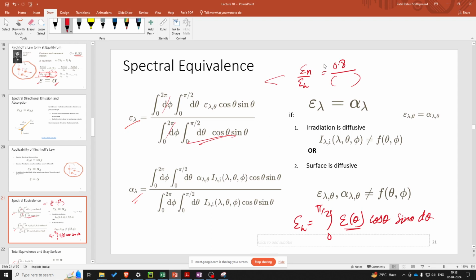See, if you take over here also, we will be having some parameter. If you take this normal, that is how it should eventually get cancelled out. That I need to check. But overall, you can derive this formula. The hemispherical emissivity will be this equation.